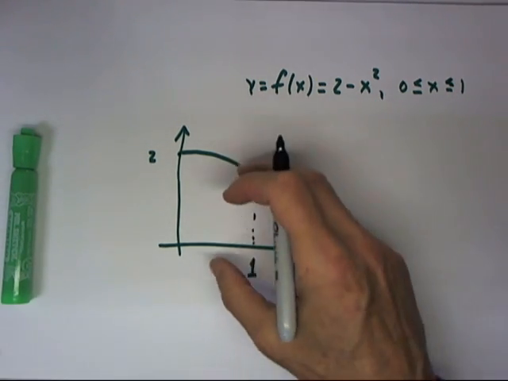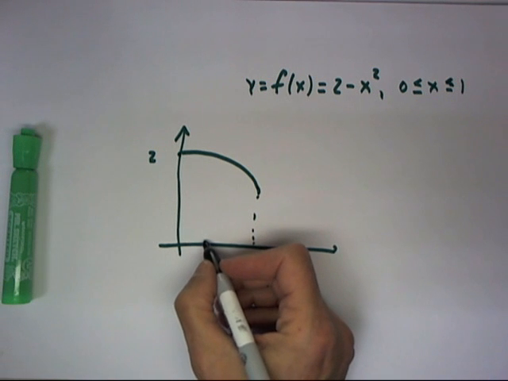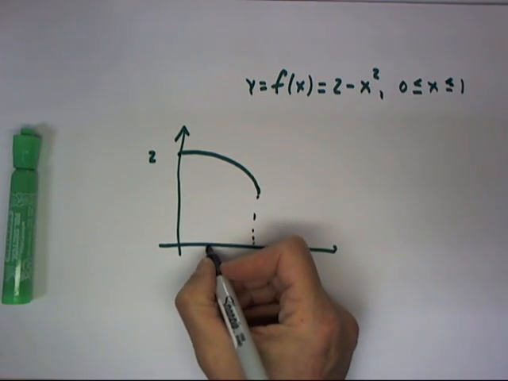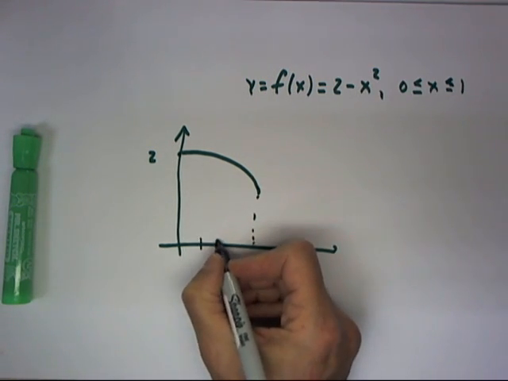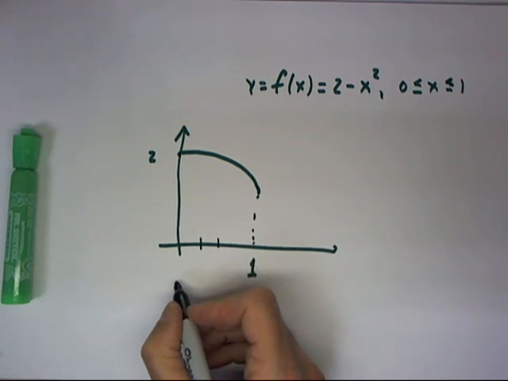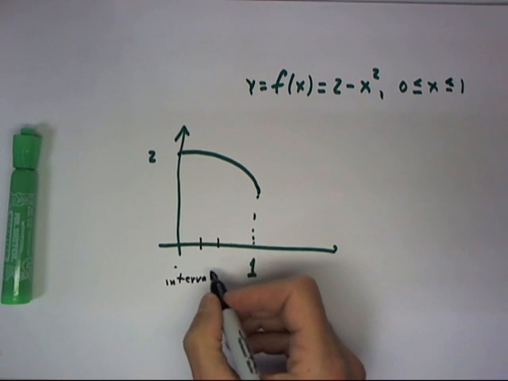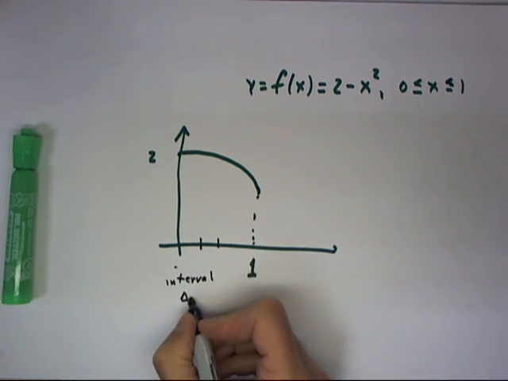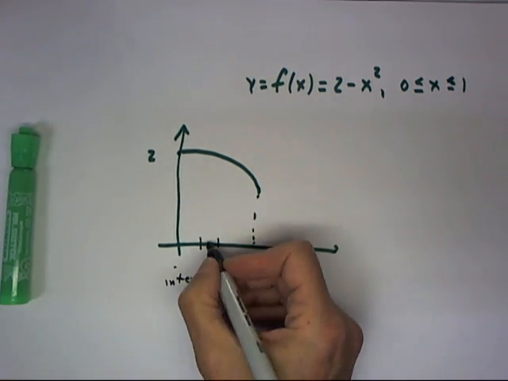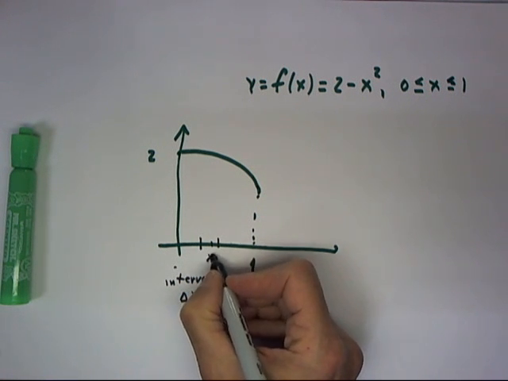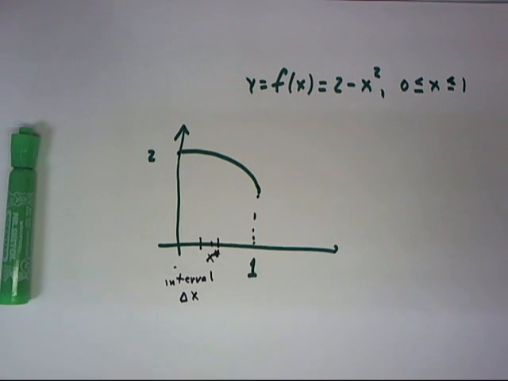In order to construct the integral of this function, we first consider an interval of the x-axis, an interval of length delta x, and we're going to consider that we have a sample point x star within that interval.